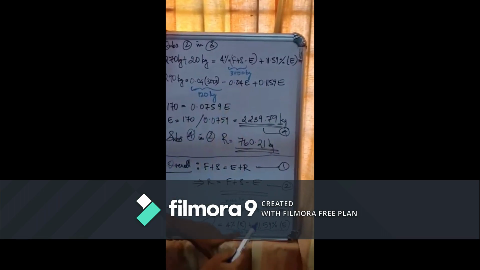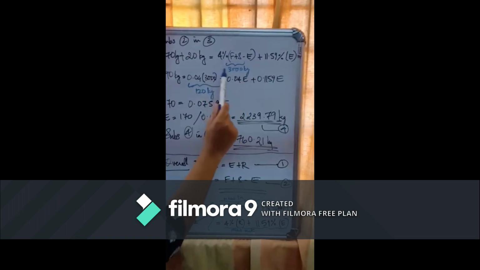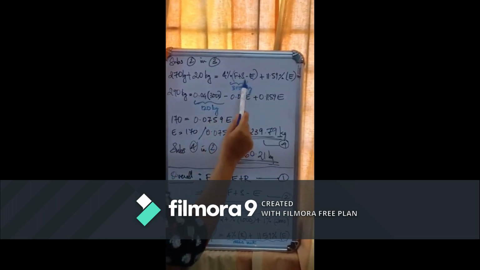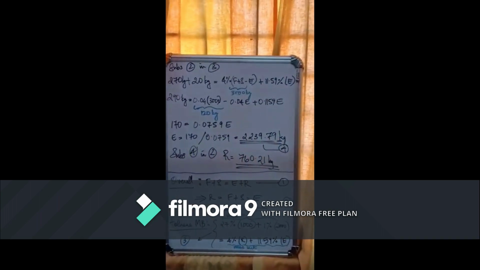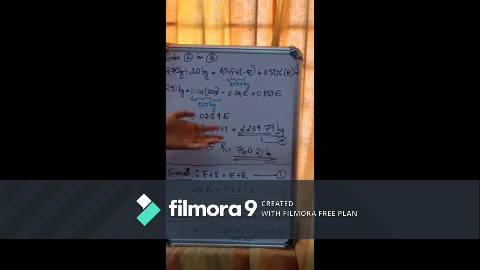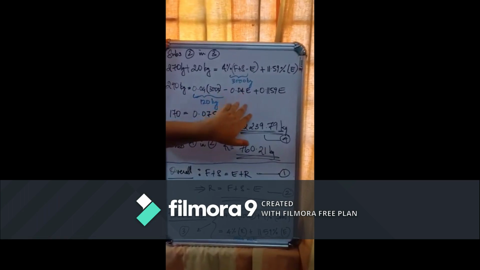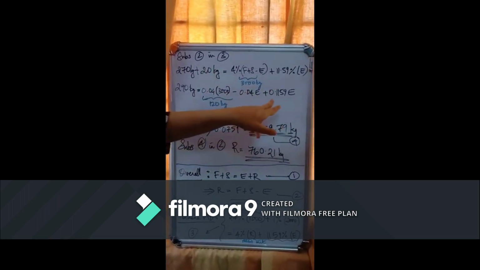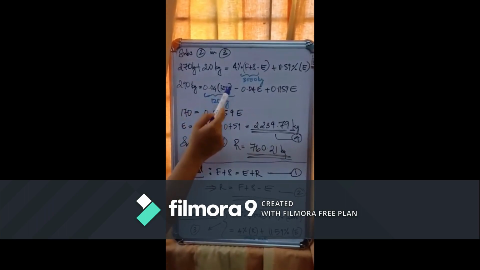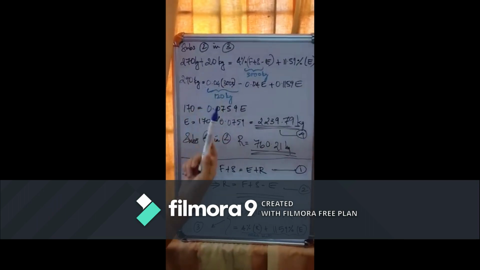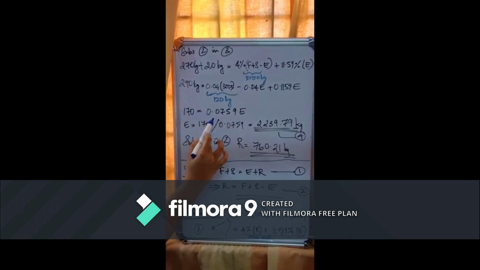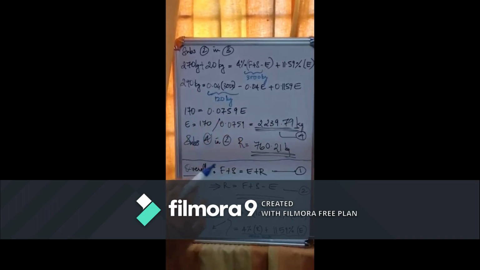Substituting F plus S minus E for R in the 4% term, F plus S we know is 2000 plus 1000, so 3000 kg minus E, and 11.59% of E. So 290 kg equals 0.04 times 3000 minus 0.04 times E plus 0.1159 of E. Adding these two E terms together and taking 120 to the other side, because 0.04 times 3000 is 120, you'll find that 170 is equal to 0.0759 of E.